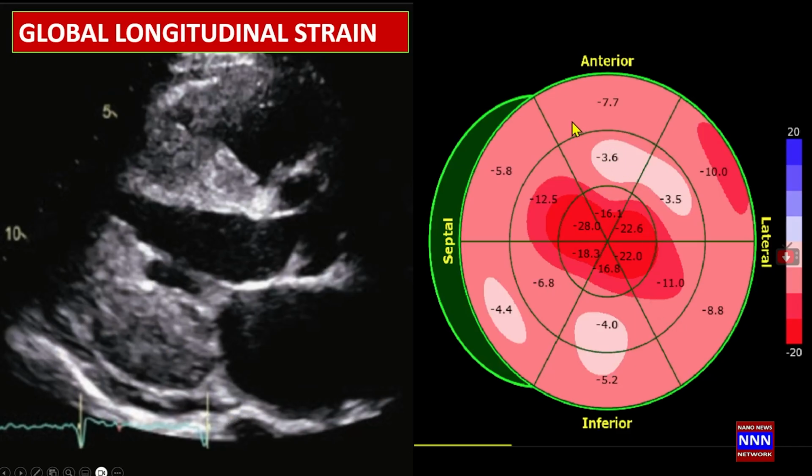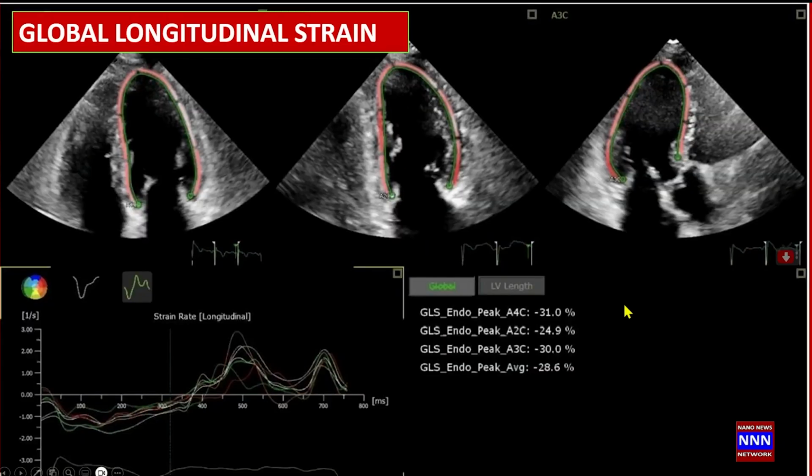You can see there's significantly reduced longitudinal strain in the anterior, septum, inferior, and the lateral wall with sparing of the apex. This is what is called cherry on top, which is characteristic of images seen in patients with amyloid heart disease. It could be seen in other infiltrative heart conditions also.